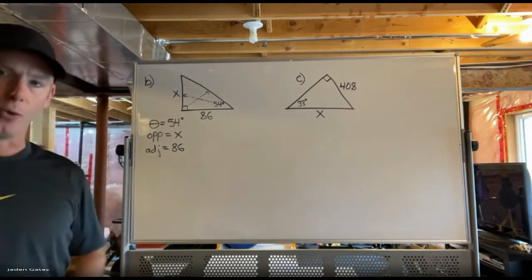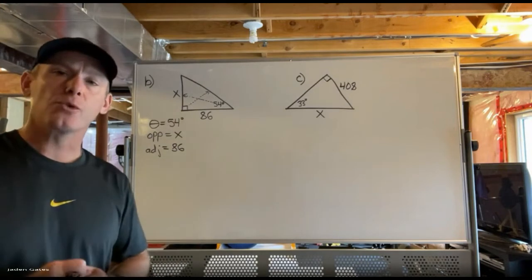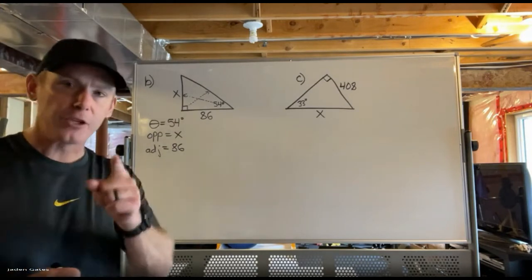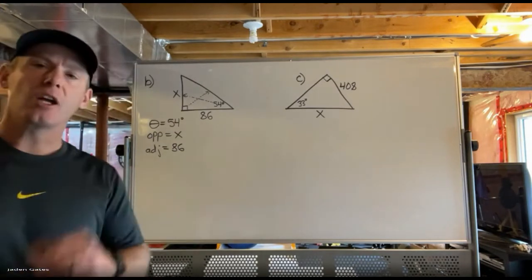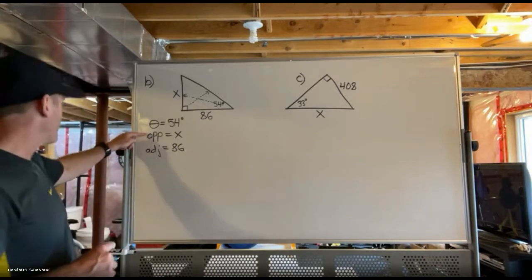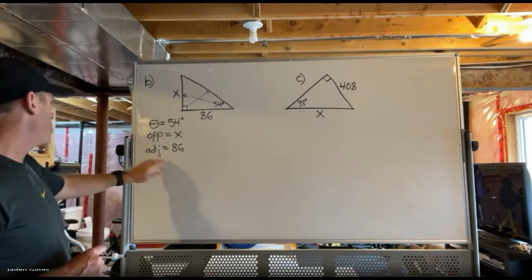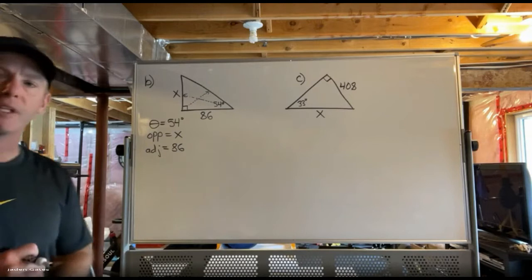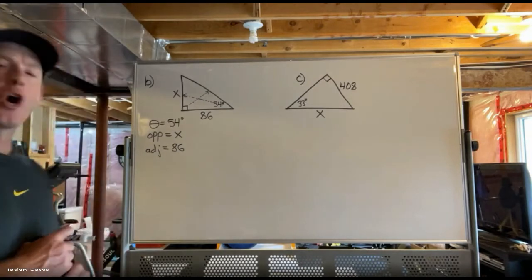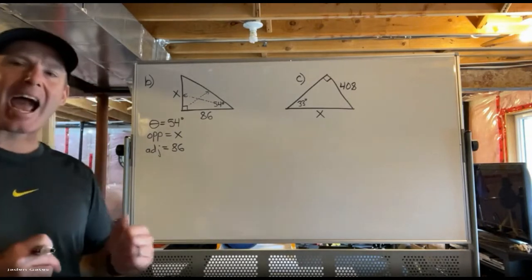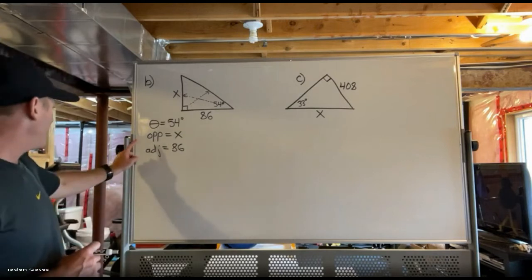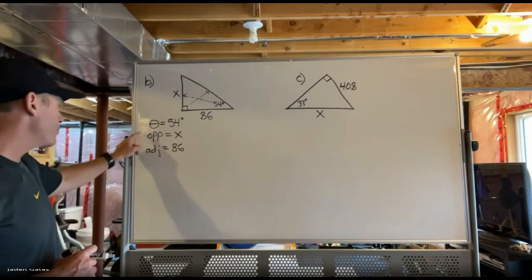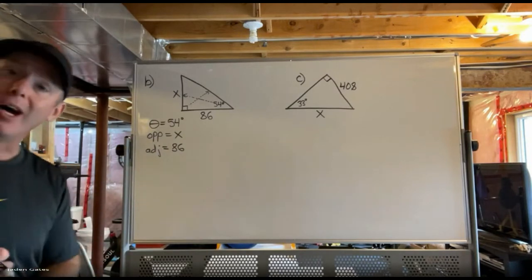Now we get to step 2. Which trig ratio do I have to use? Sine, on highway: opposite and hypotenuse. Nope, I don't have the hypotenuse, so it can't be sine. Cos, cozy at home: I have the adjacent but I do not have the hypotenuse. Well, what's the last one?